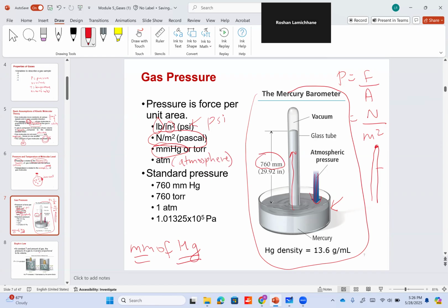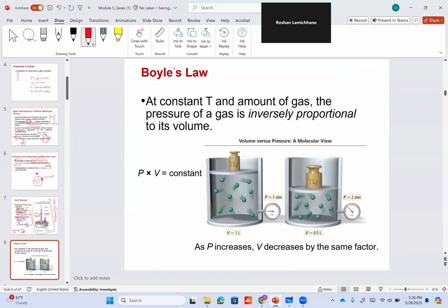And these are some of the conversion factors for you all. 760 millimeter mercury equals 760 torr, which equals 1 atm, which equals 1.01325 times 10 to the power 5 Pascal. Pa is Pascal, right here. And I'll let you know whether you have to memorize this or not. Most likely not. You just have to know that 1 atm equals 760 millimeter. That's all. Other than that, all the conversion factors will be provided to you all.